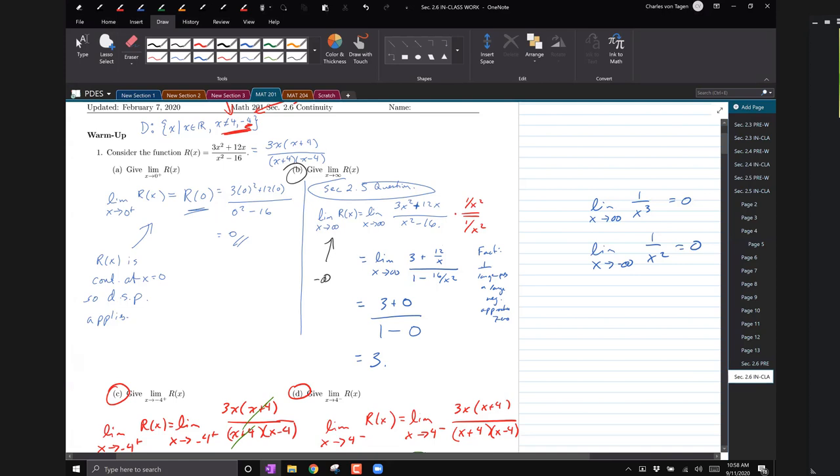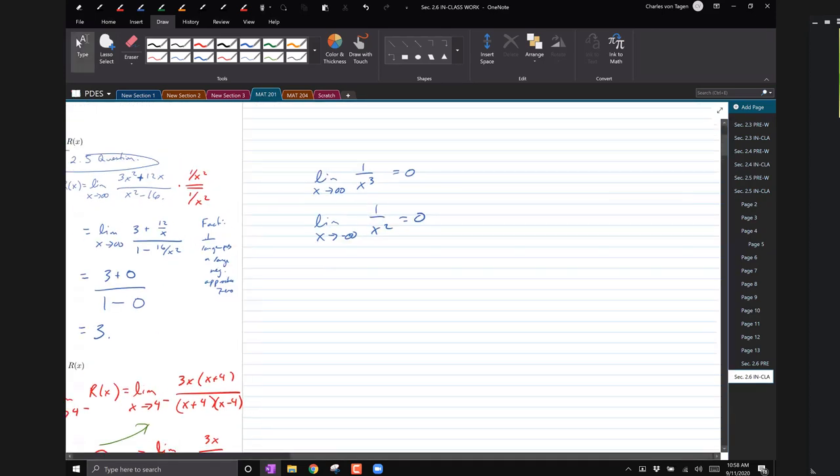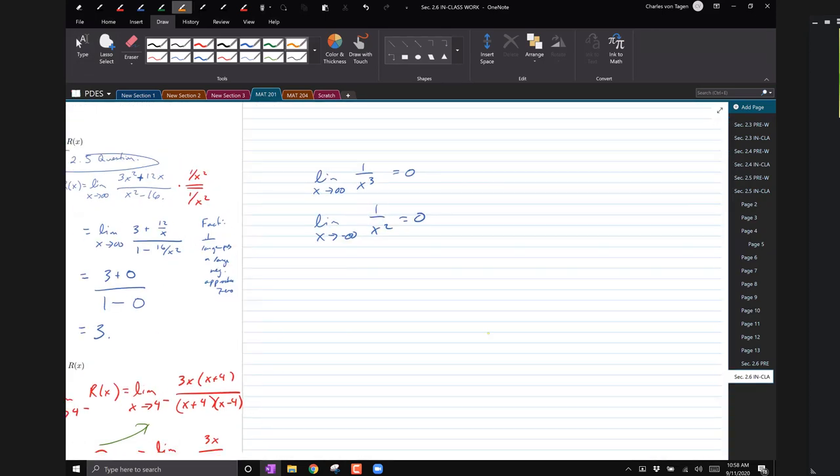So you'll still get the same answer of 3. Now, again, I've already hinted at, and you guys hopefully have looked at those in your 2.5 notes, there are some problems with square roots in them specifically where you get a horizontal asymptote as you go one way and a different horizontal asymptote as you go the other way. And if you're short of coming up with a very fast example for that, just remember the graph of your arctangent curve.